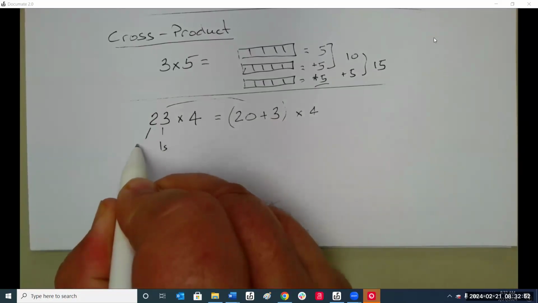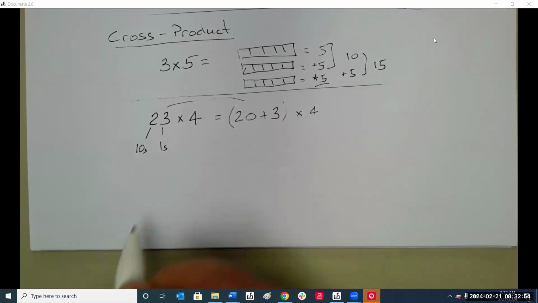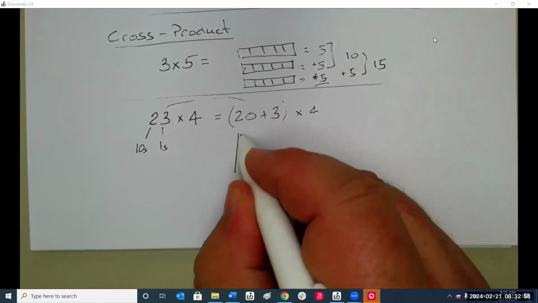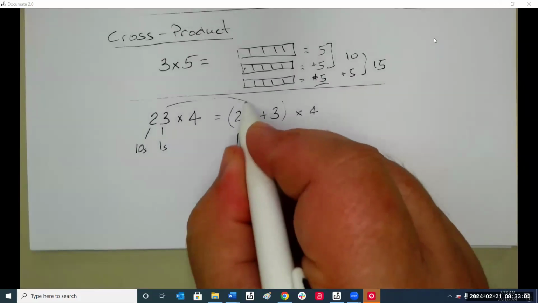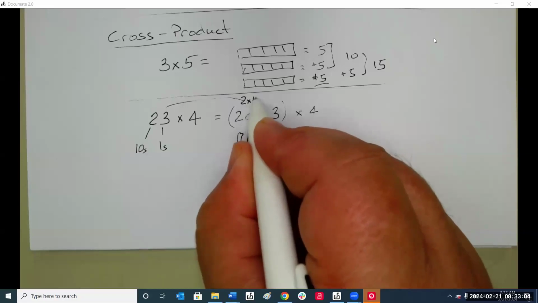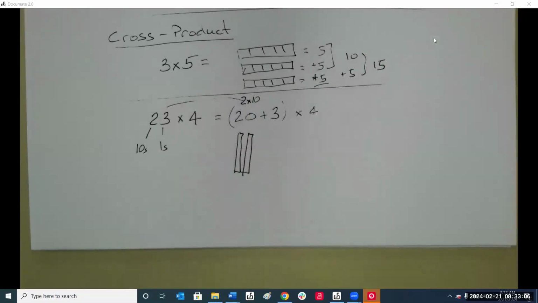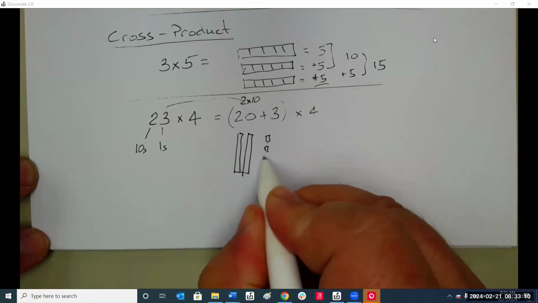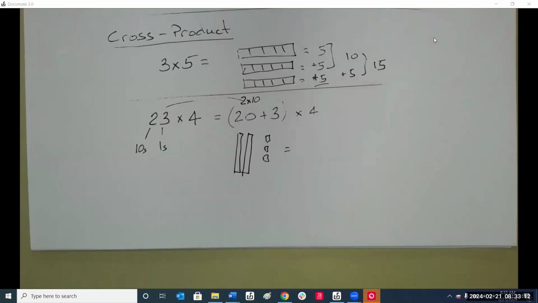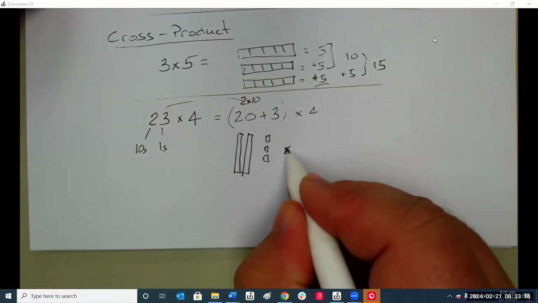This is the what? The tens column. 2 rows of 10. Yeah, two long rows. You're right. 20 is 2 times 10. There's two tens. And then so that's what 23 means.